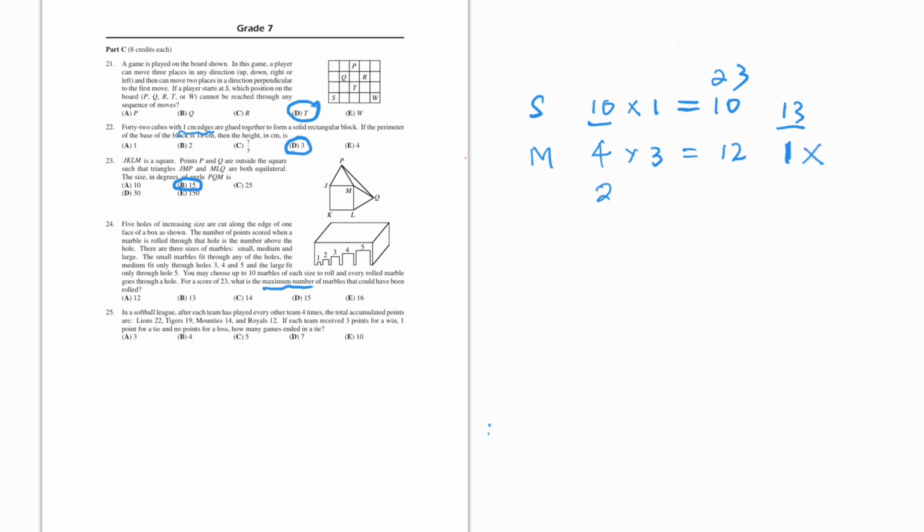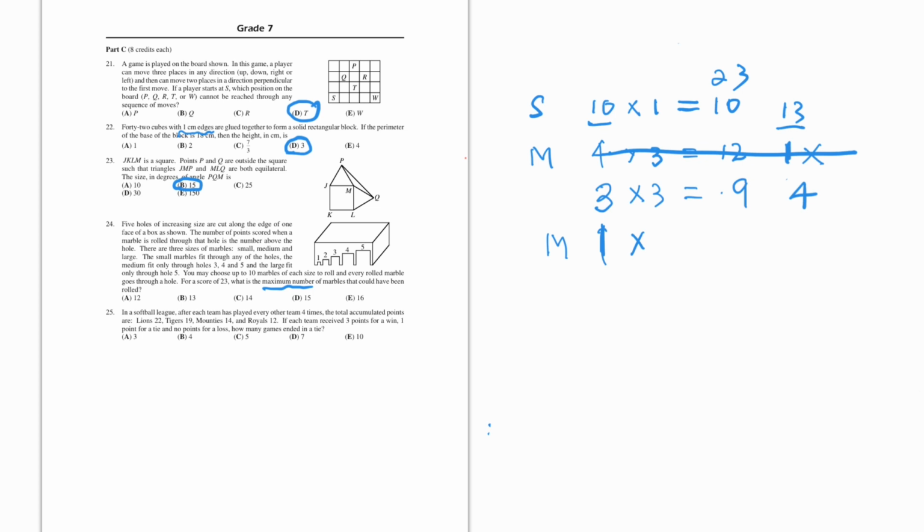If we use 3 of the medium marbles, then times 3, that's 9, so this one is not working. 13 minus 9, the difference is 4. We need to get 4 points. Now we still choose the medium, 1 more medium.